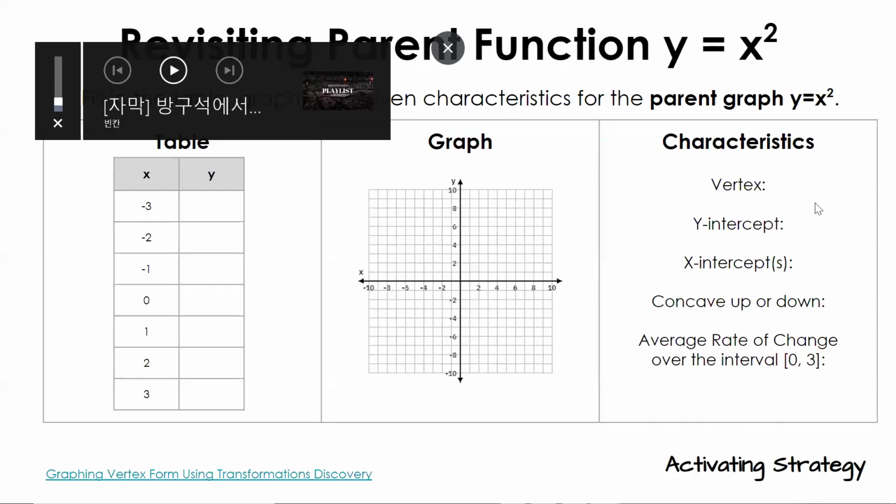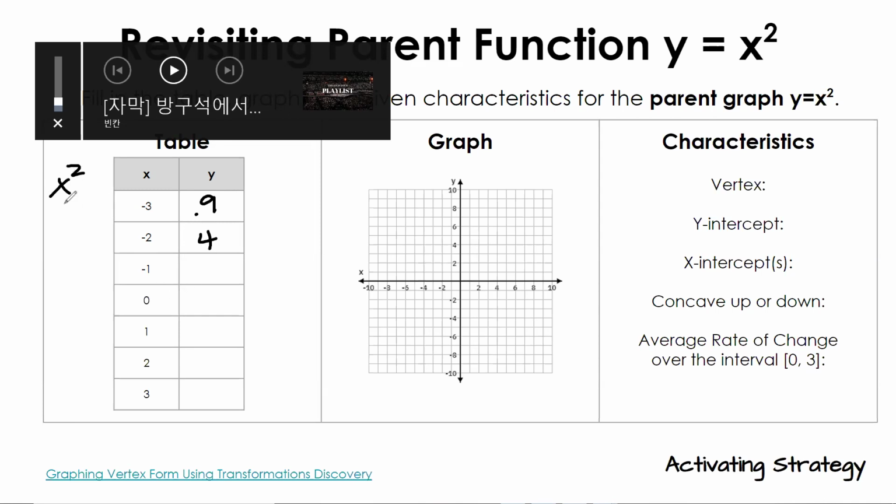Cool. So again, today we're going to be talking about transformations, but we first have to re-mention parent functions. On here, we have this little table. If we take -3 and we plug it into x squared, we're going to get 9. If we take -2 and we plug it in, we're going to get 4.